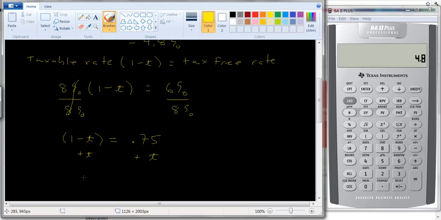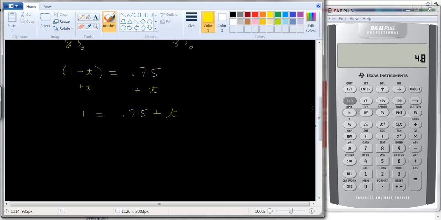So I'm going to get 1 equals 0.75 plus t. And I'm just going to rearrange the terms here. I'm going to subtract 0.75 from both sides of the equation, and so t equals 1 minus 0.75, which is equal to 0.25.